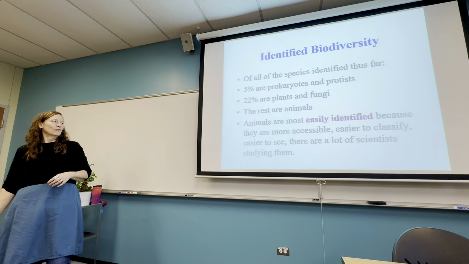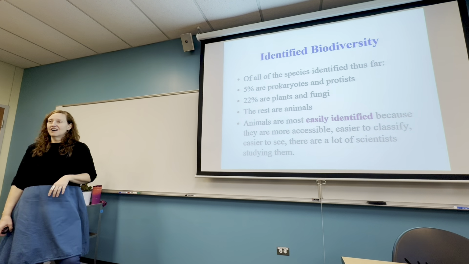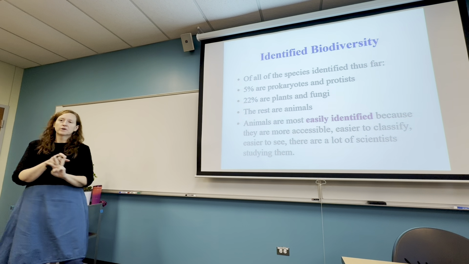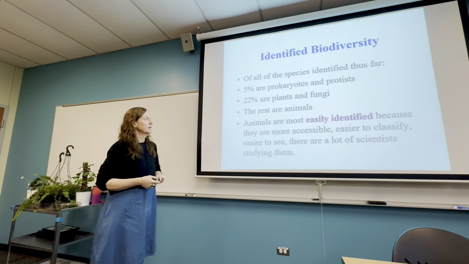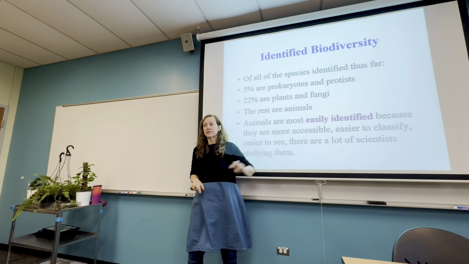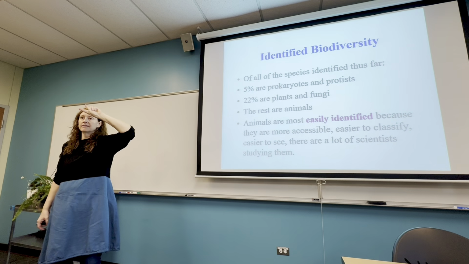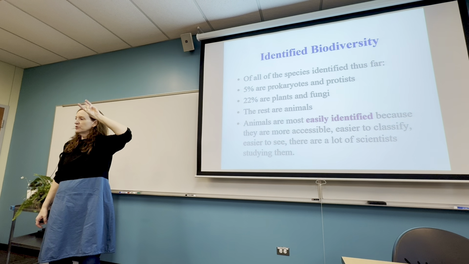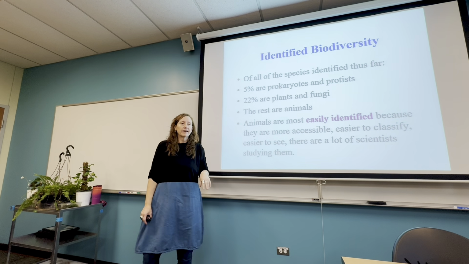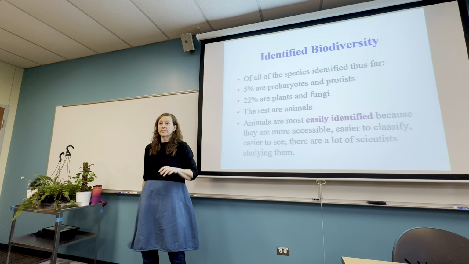So let's talk about who's identified. Of our 3 domain groups, there's bacteria, archaea, and eukarya. Prokaryotes consist of 2 of the domains, the bacterial domain and the archaea domain. So 2 of our 3 domains are very likely the vast majority of species on the earth.